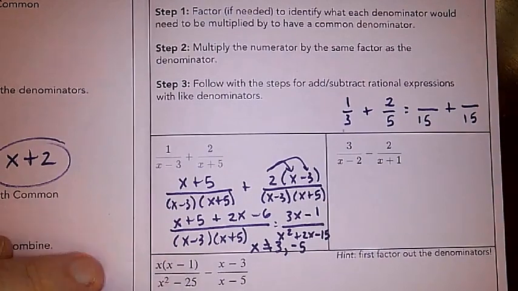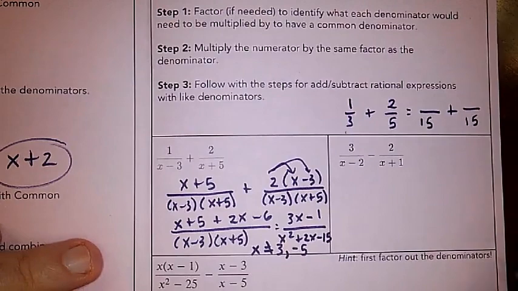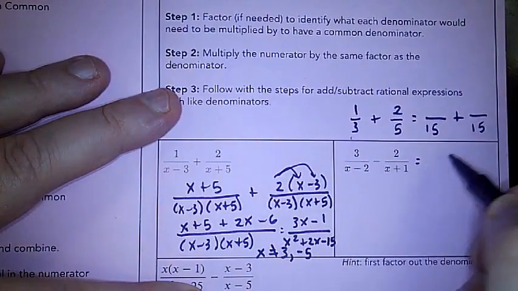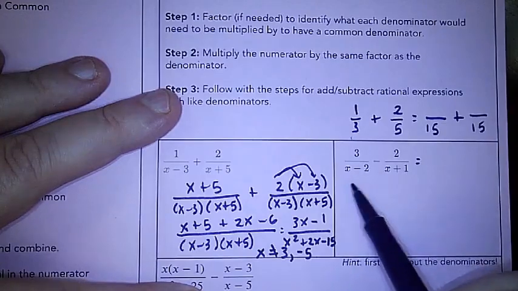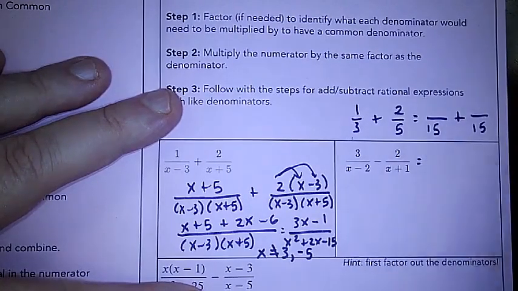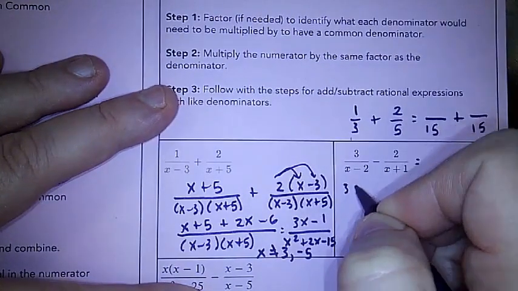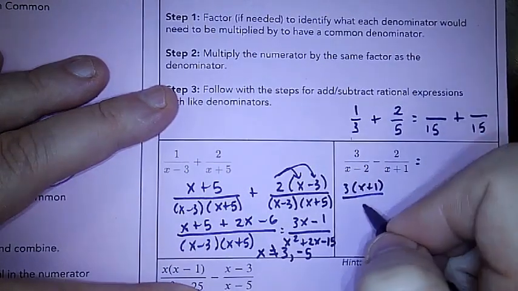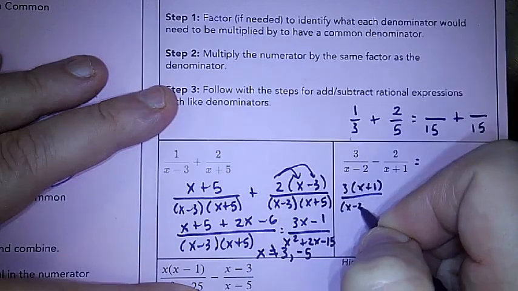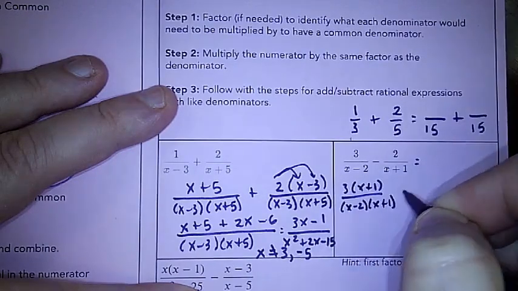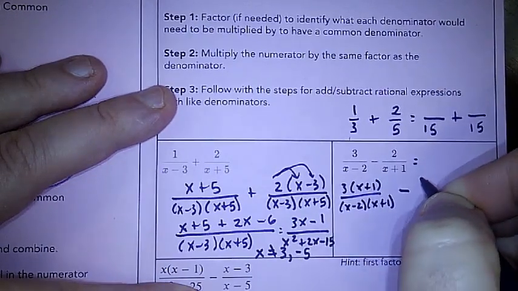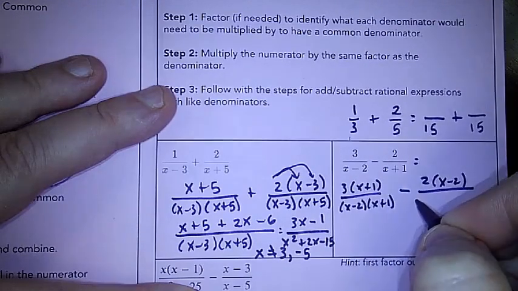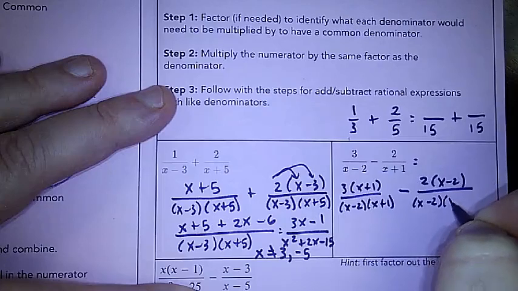Now, the subtraction follows in a very similar fashion. Again, I'm going to start by realizing that my denominator has to be the product of x minus 2 and x plus 1. So I will get 3 times x plus 1 divided by x minus 2 times x plus 1, minus 2 times x minus 2 divided by x minus 2 times x plus 1.